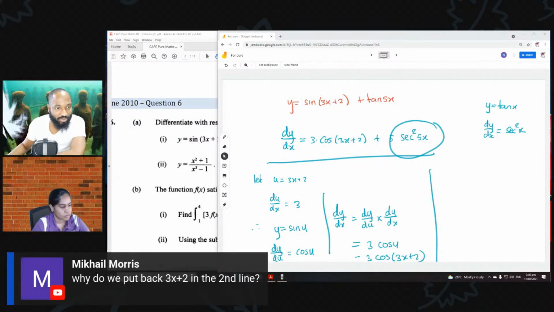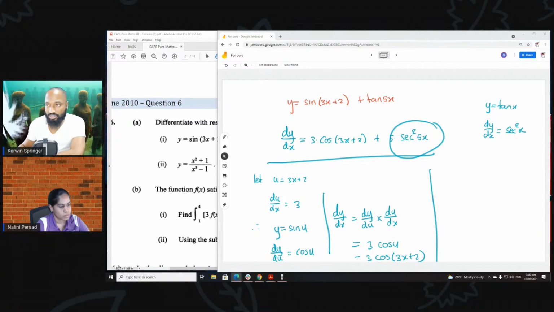Why do we put back 3x plus 2 in the second line? That's just how it works. This is sine of this function, sine of f of x, a function inside here.